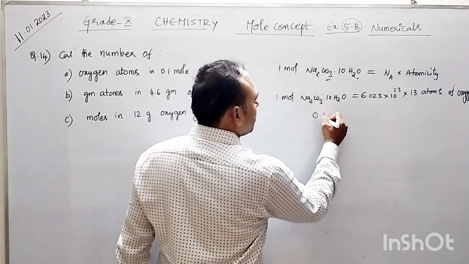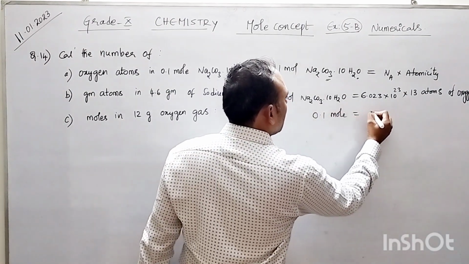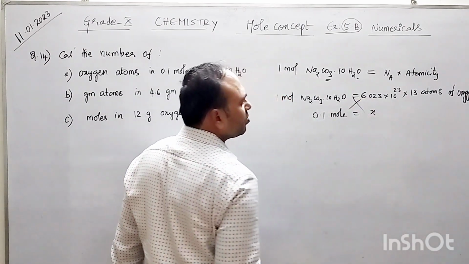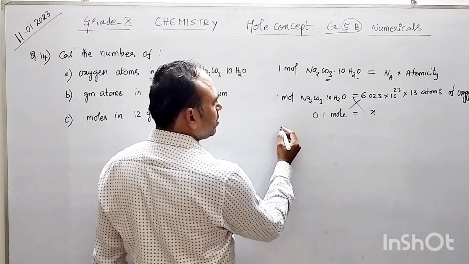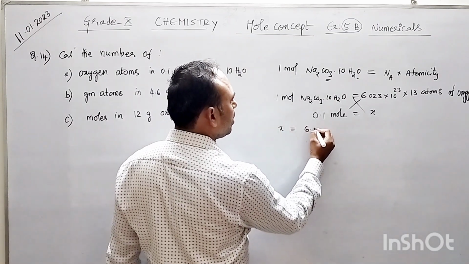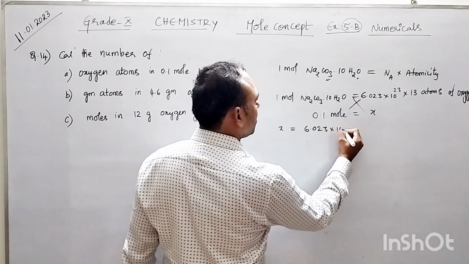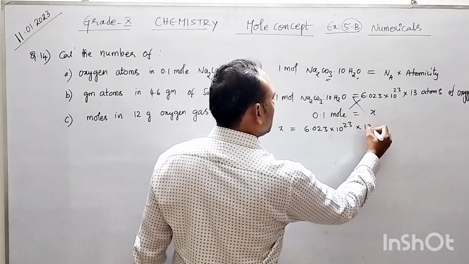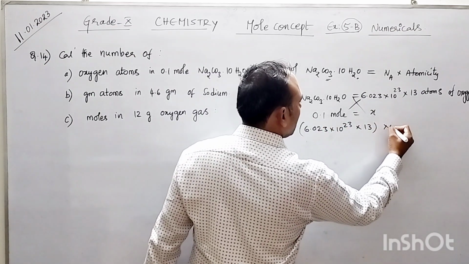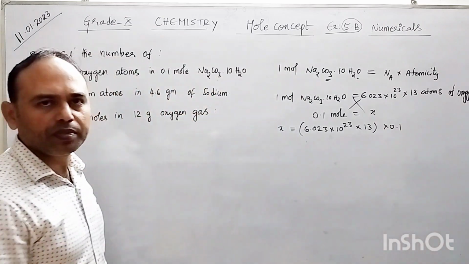Let us write like this: 0.1 mole, take it as x, cross multiply. So you get x is equal to 6.023 into 10 to the power of 23 into 13 into 0.1.